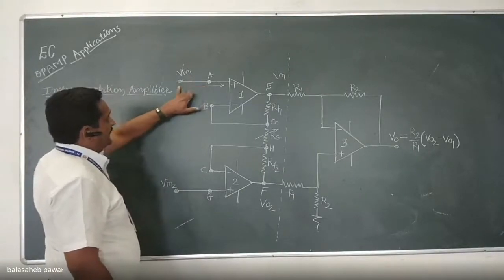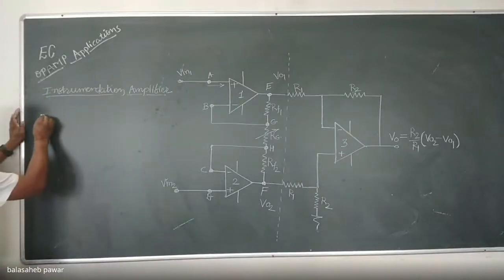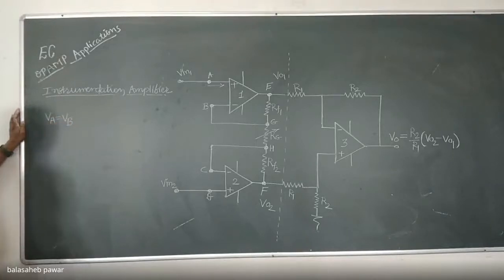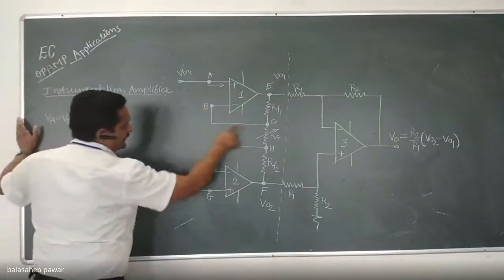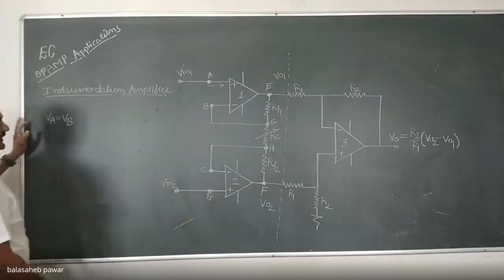Okay, VA will be equal to VB, and what is VA? VA is nothing but Vin1. So VA equals VB, and what is VB?